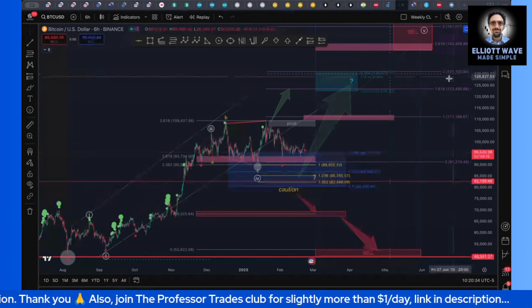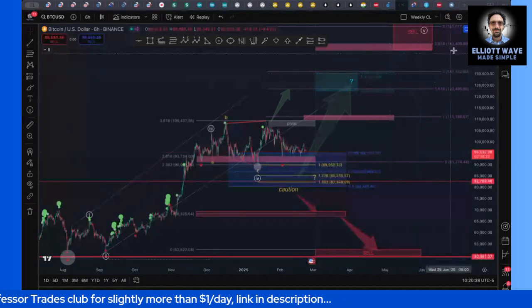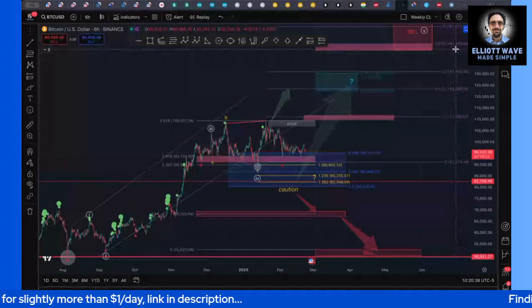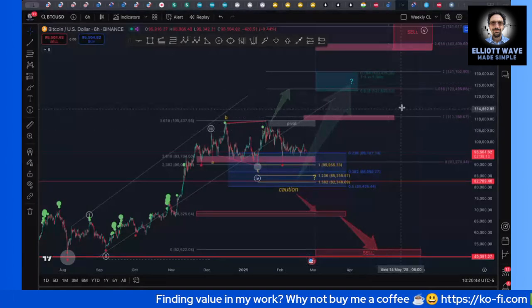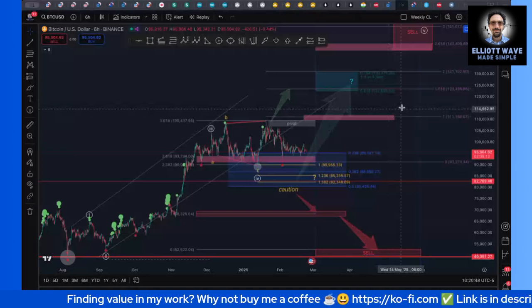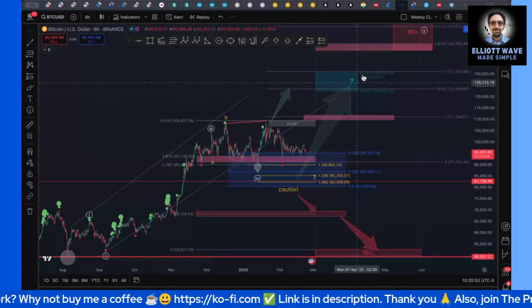That's one idea. And the other idea is it really extends and comes all the way up here, just call it 143. So once this bottoms and starts building a fresh new impulse, I'll be able to take some measurements and project up into this area and try to discern, is it more likely that it tops in this area or this area?